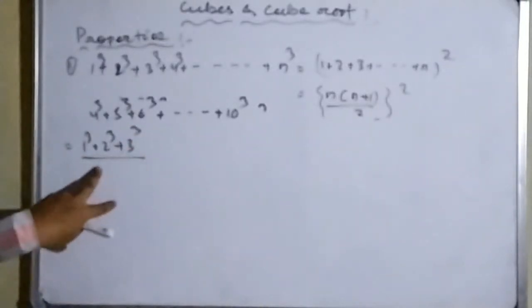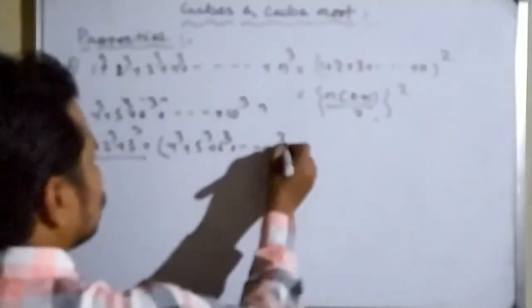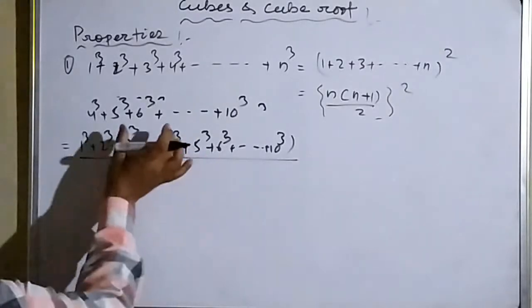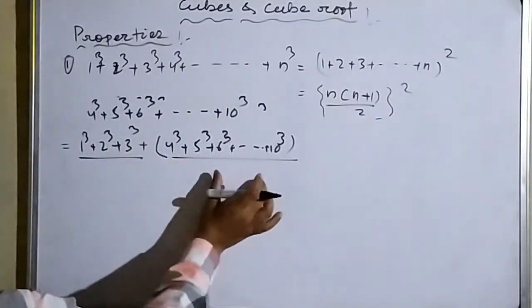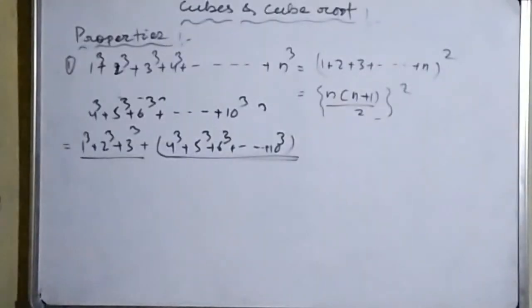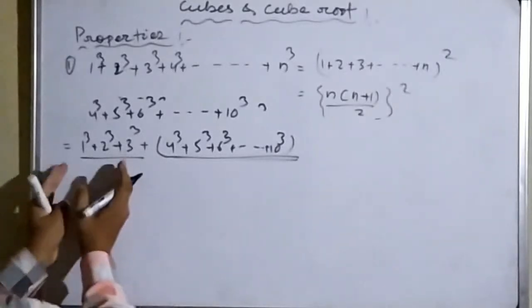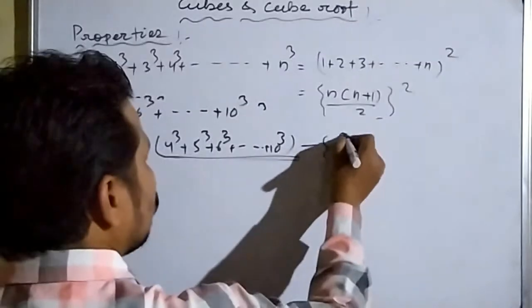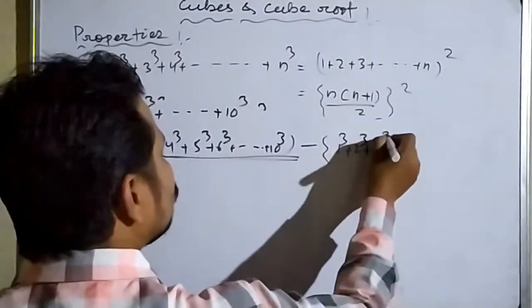If we add these three terms, then our series will be complete. But we have to find the result of the original terms only, so if we have added these, we have to subtract them again. So what do we have to subtract? 1 cube plus 2 cube plus 3 cube.